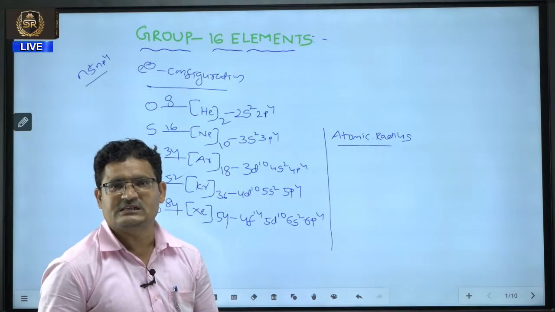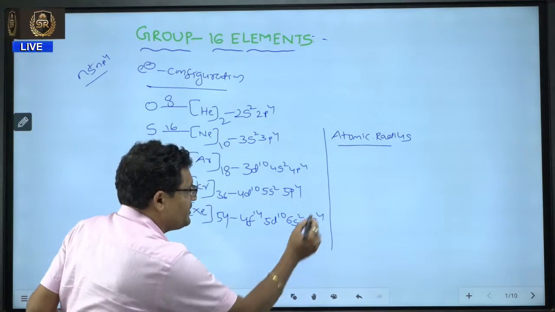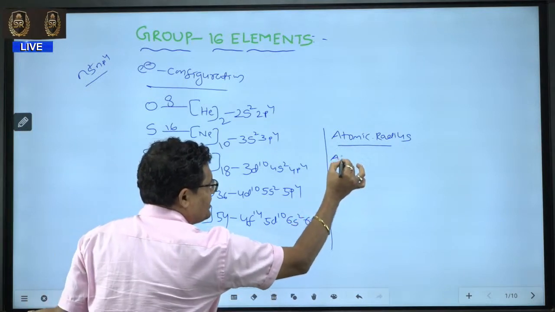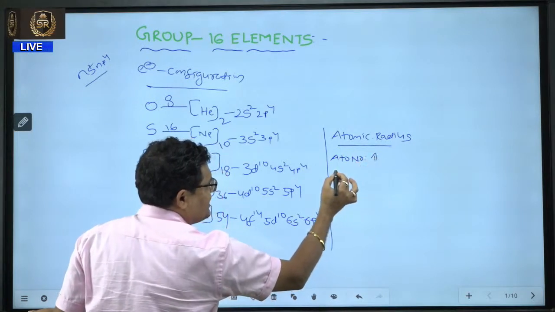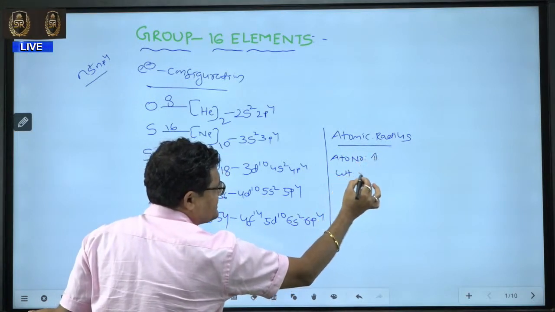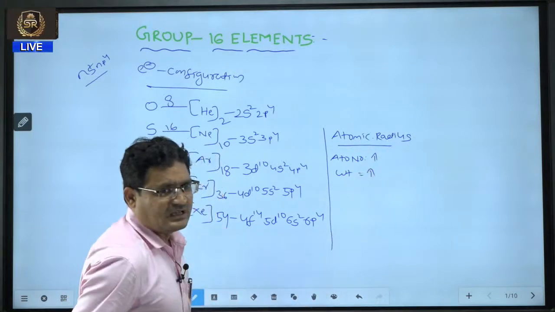Atomic weight also increases from top to bottom. When atomic number increases, atomic weight also increases.